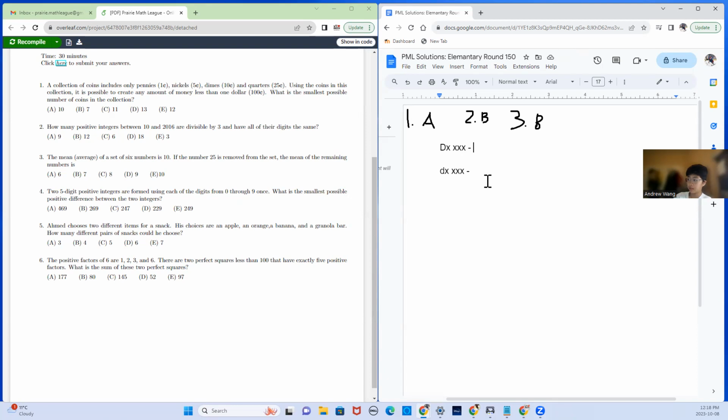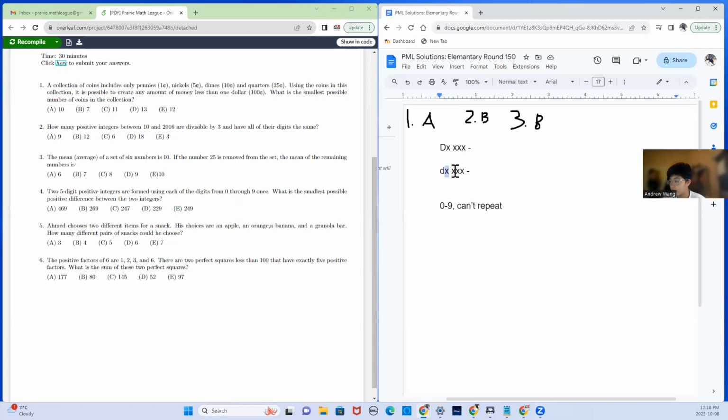They all have to be different numbers. So the options they give us is 0 to 9, and we can't repeat. So in order to have the smallest difference, we want these 4 x's to be the smallest value possible.